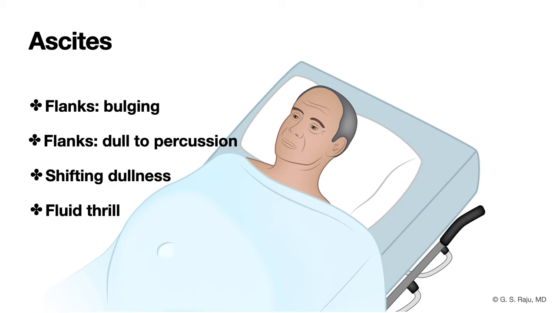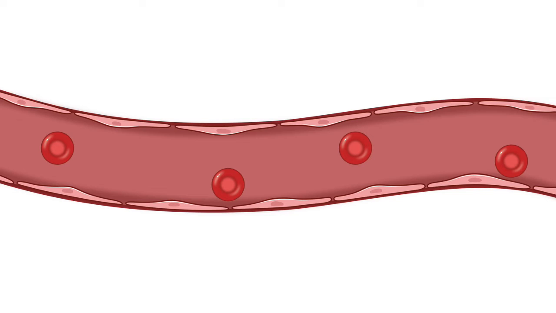So, fluid accumulation. Let us learn about the dynamics of fluid exchange in the capillary bed that results in the fluid in the interstitium, and what are the two main forces.